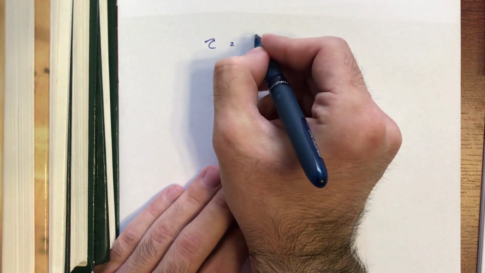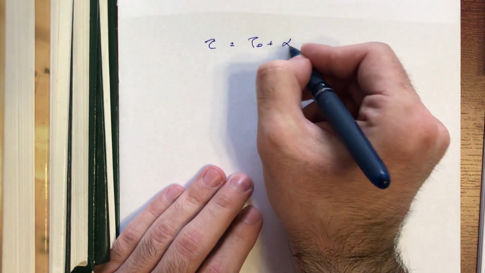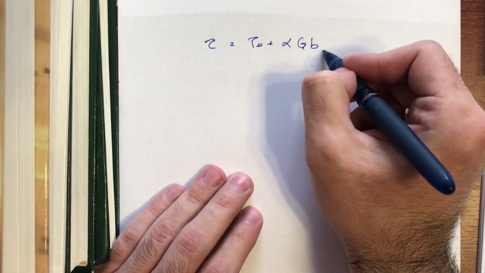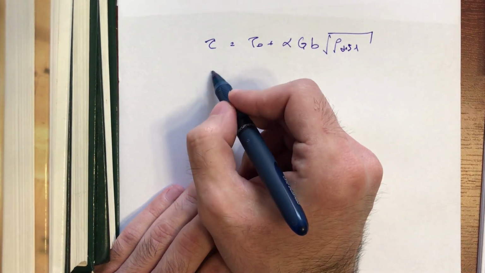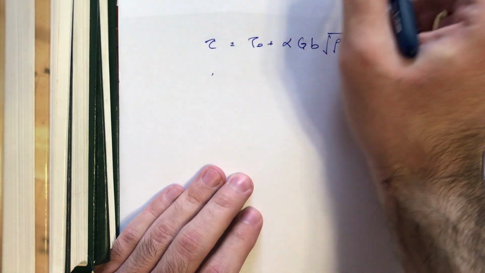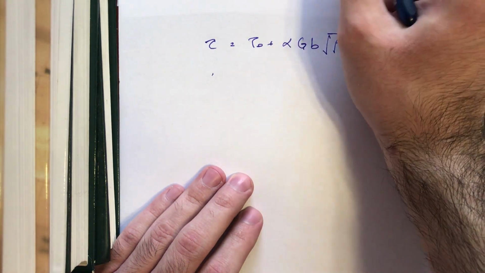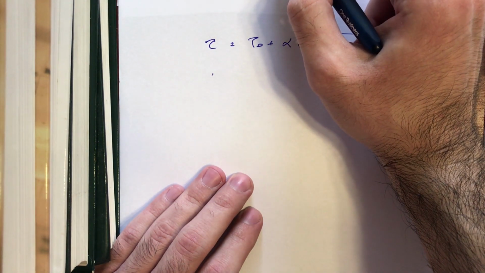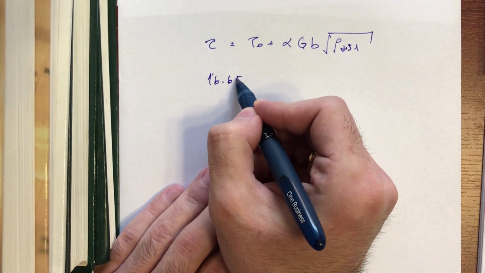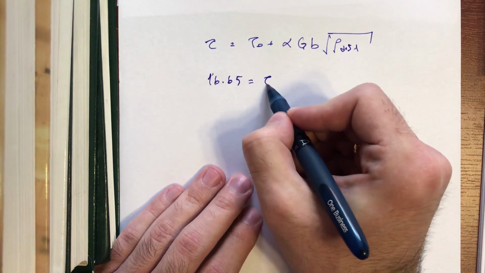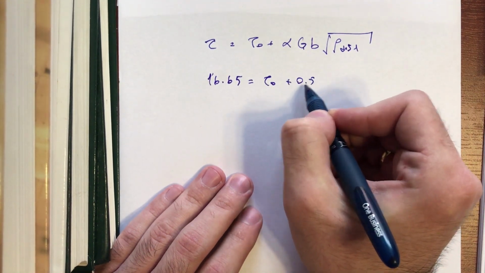So tau is going to be equal to tau 0 plus alpha G b square root rho dislocation. Now, in the annealed condition, tau is 16.65, and we don't know what tau 0 is. Alpha is 0.5.